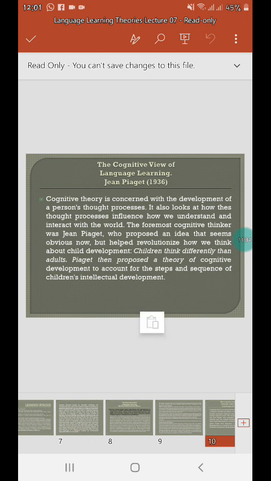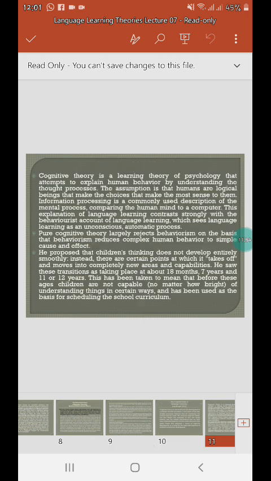The foremost cognitive thinker was Jean Piaget, a psychologist from Switzerland who proposed an idea in 1936 about child development: children think differently than adults. Piaget then proposed a theory of cognitive development, which was already discussed in the previous classes. Cognitive theory is a learning theory of psychology that attempts to explain human behavior by understanding the thought process.